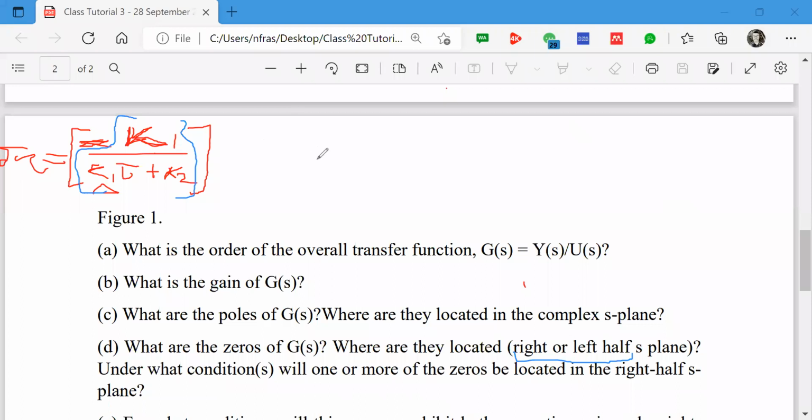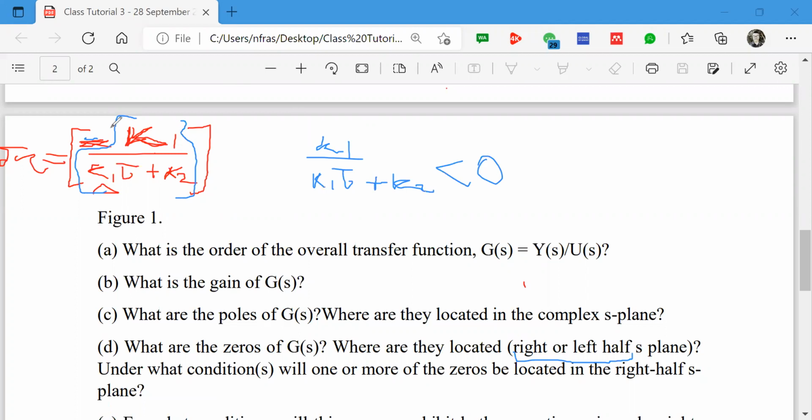So what you need to do there is, because you can see that your K1 over K1 tau plus K2 is less than 0. It's less than 0 because you can see that there's a negative sign before that.